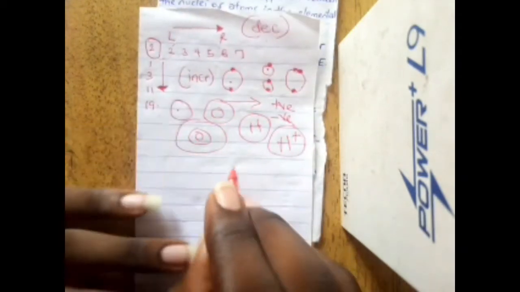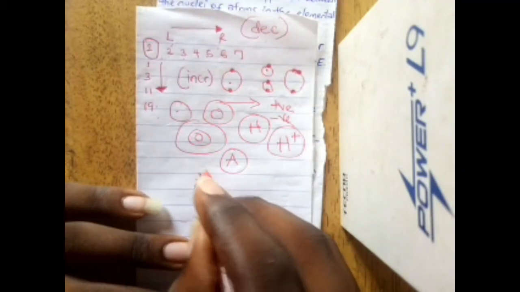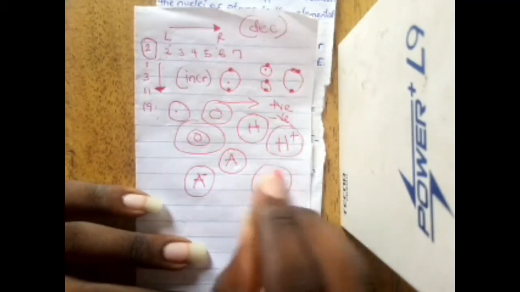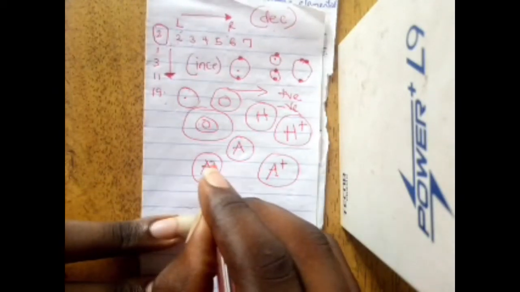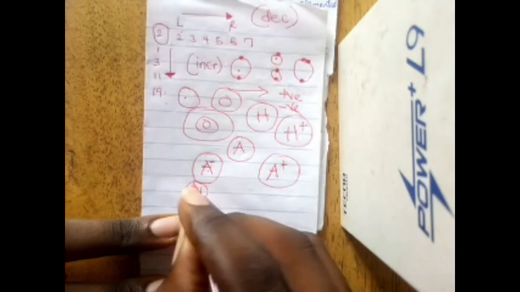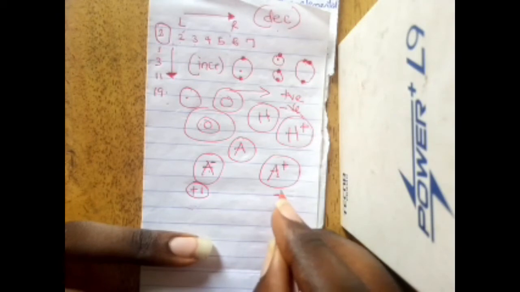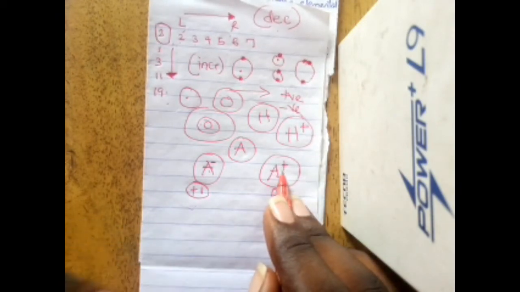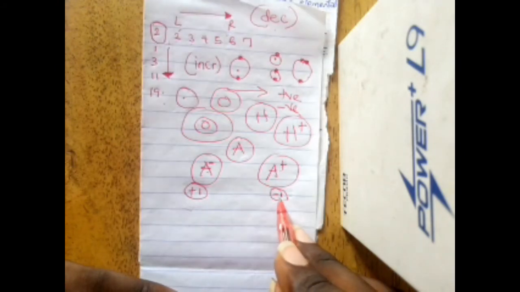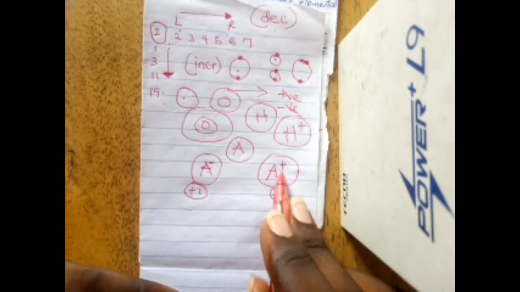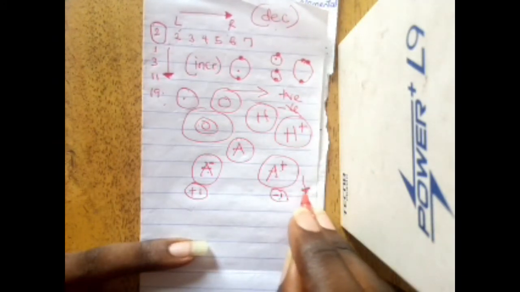But since we know for an atom, A minus and A plus, when you have an ion, A minus, this means it has gained 1 electron to become negatively charged. A plus means it has lost 1 electron to have a positive charge. So if an atom of an element loses an electron to have a positive charge, the ionic size will definitely decrease.